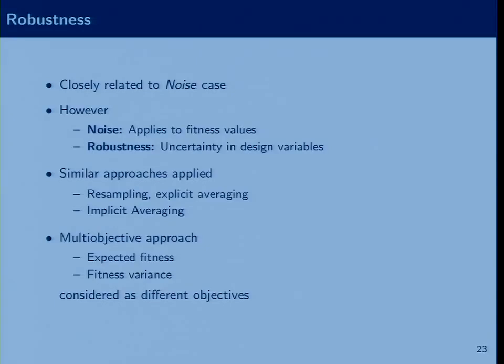Since the problem is related to the noise problem, where the noise is applied to the fitness values while robustness means uncertainty in the design variables, you can nevertheless apply these resampling or averaging strategies, and there's also a multi-objective approach proposed, where you have the expected fitness as well as the fitness variance considered as different objectives, but okay, we don't go into detail here.